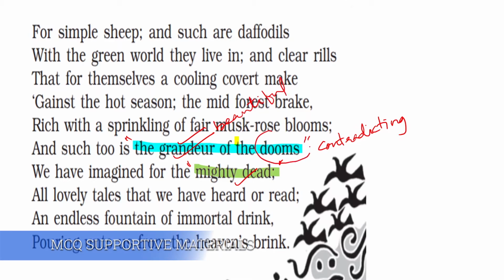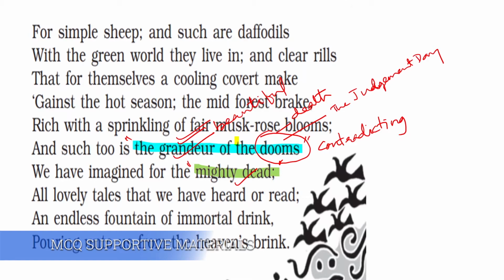And dooms here means that which is related to death. So these two ideas, grandeur of the dooms. Dooms actually here means the judgment day, the final day, and its grandeur.